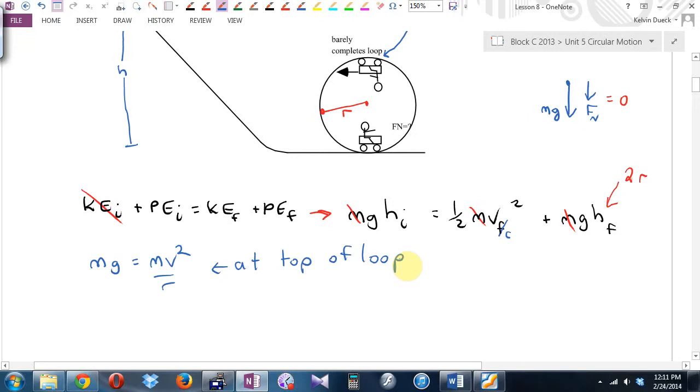Not cosmic gravity this time because I'm on the Earth. Oh, conveniently, M cancels. But what I'd like to do is get the V by itself. How?